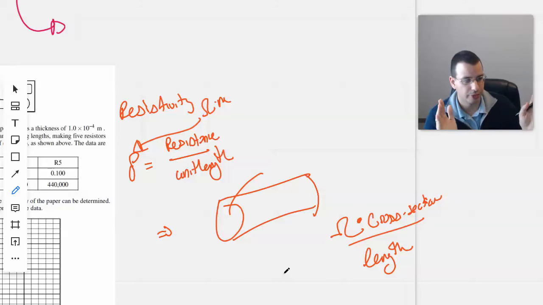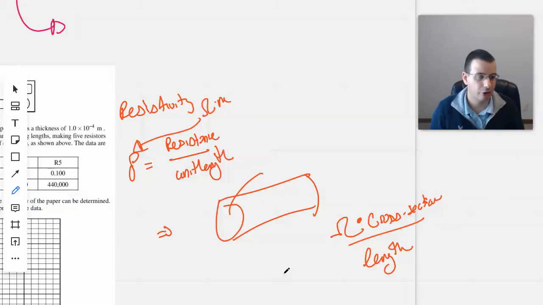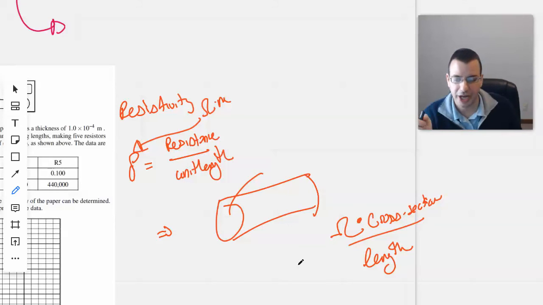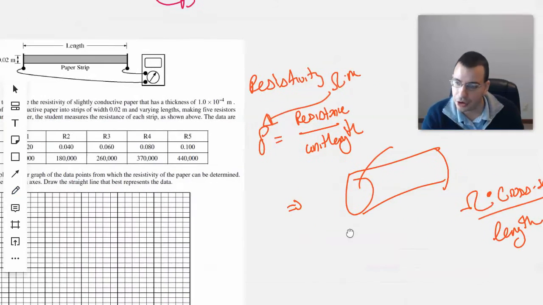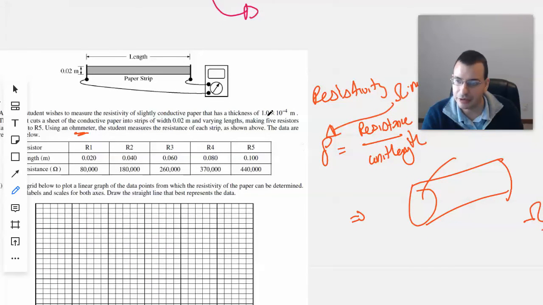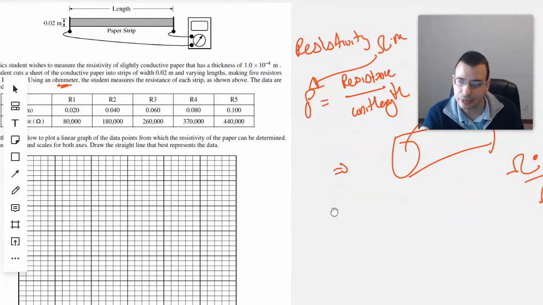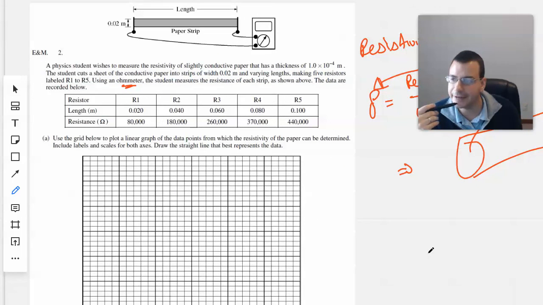But then they normalize it by length. If you have a whole bunch of copper wire of a gauge, being a thickness of the copper wire, you would have a resistivity for that spool of wire, but you wouldn't have a resistivity for copper in general. That's why they give you the thickness of the paper. So let's see here.